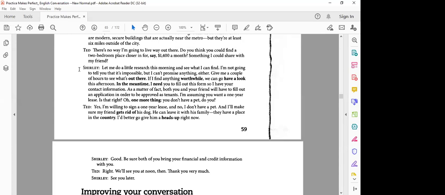In the meantime, I need you to fill out this form so I have your contact information. As a matter of fact, both you and your friend will have to fill out an application in order to be approved as tenants. I'm assuming you want a 1 year lease. Is that right? Oh, one more thing. You don't have a pet, do you?